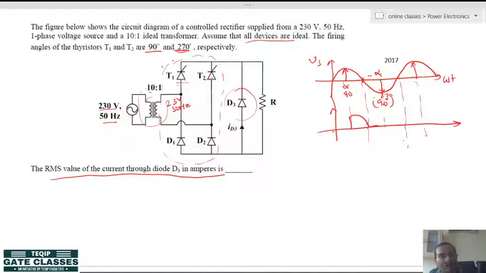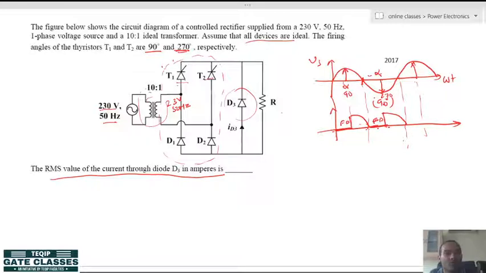From 0 to 90, the firing angle is not there, so the freewheeling diode will be conducting, and from 180 to 270 the freewheeling diode will also be acting. So, from the zero crossing of the wave to alpha, that is the reason for the working of the freewheeling diode. It is very simple.